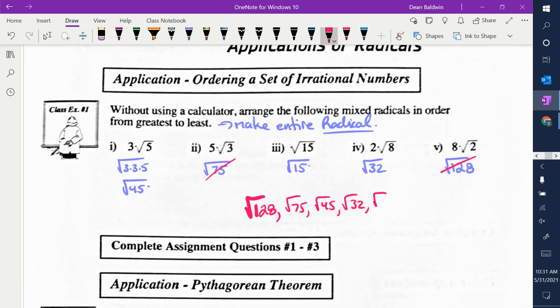Root 32. Root 15. So if you get asked to order them, make them all entire radicals, and then you only have to look at the numbers inside. Whatever has the highest number is the largest, whatever has the smallest number is the smallest. That's it. I will ask you a question like that.